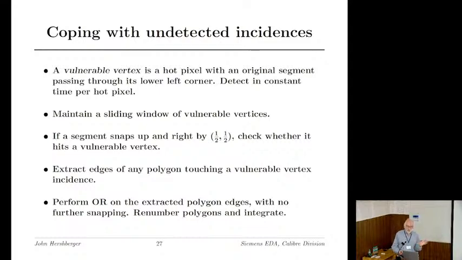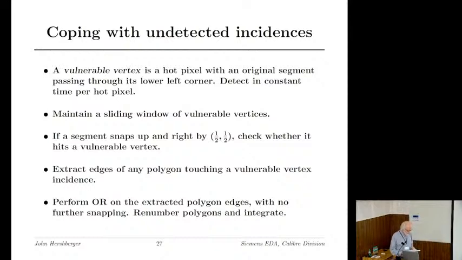Then we maintain a sliding window of vulnerable vertices. And whenever we encounter a segment that snaps up and to the right by 1/2, then we check whether it hits a vulnerable vertex. And if it does, we extract the edges of any polygon that touches that incidence.